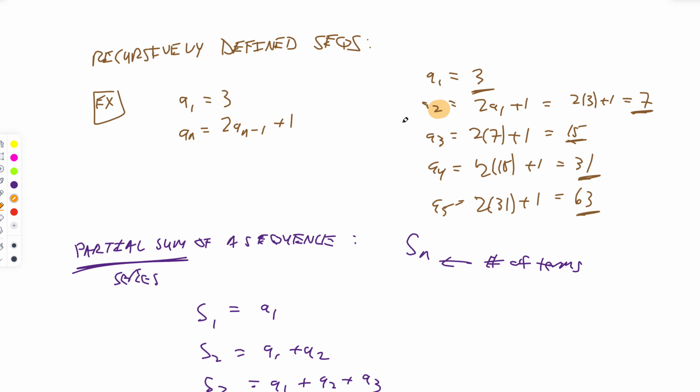The second term, you plug in n is 2, which means 2 minus 1 becomes 1, so you want a sub 1, the first term. Well, the first term was 3. You plug that in, I got 7. And then to get the third term, I plug in the second term, 7, and I got 15. To get the fourth one, I plug in the third term, 15. And then to get the fifth one, I plug in the fourth one, 31, which is all dependent on the one before that, right?